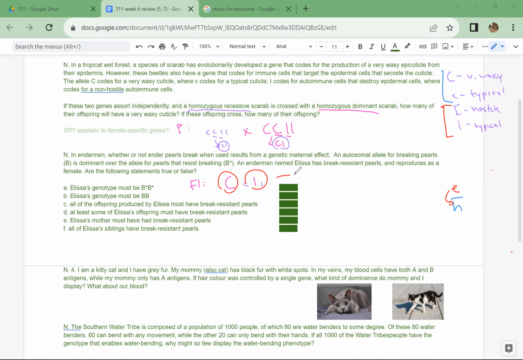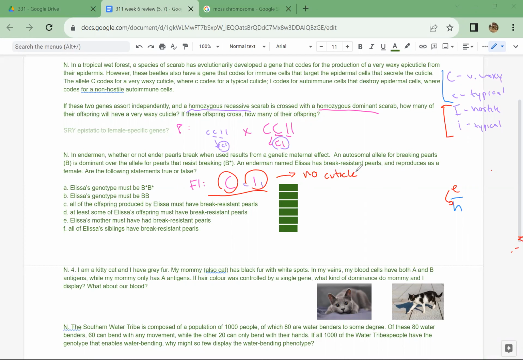So the phenotype exhibited by all individuals with this genotype, which is all of the individuals possible in the F1 generation given the parental cross that we had, is that they all have, I guess, no cuticle, because their autoimmune cells destroy the cells that produce the cuticle.